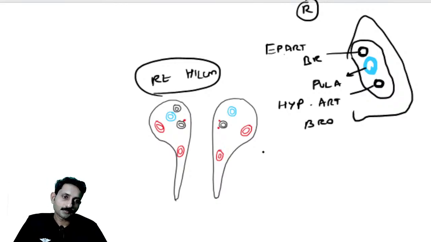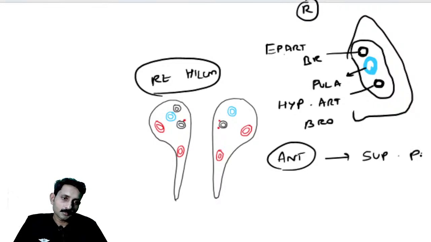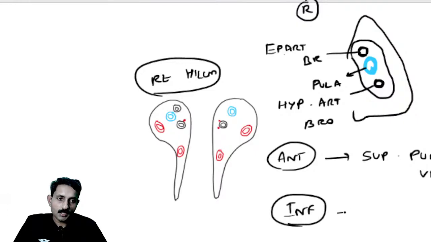Okay. Then we got one rule we can apply most commonly. It's not given in books, but just take it as a clue. The anteriormost structure will be the superior pulmonary vein, and the inferiormost structure will be the inferior pulmonary vein.